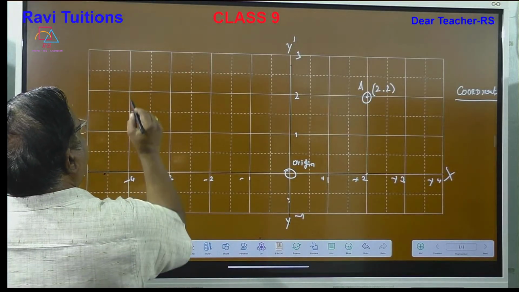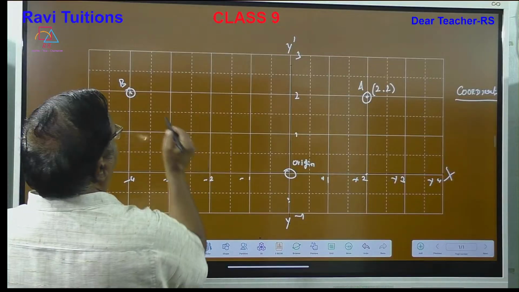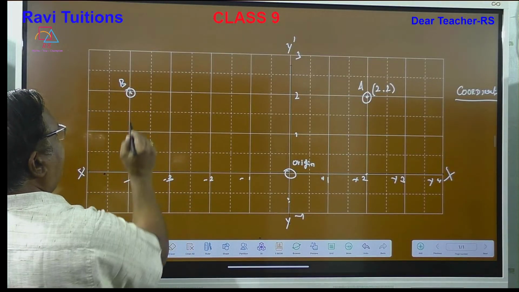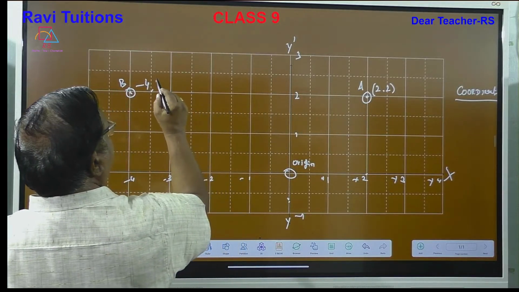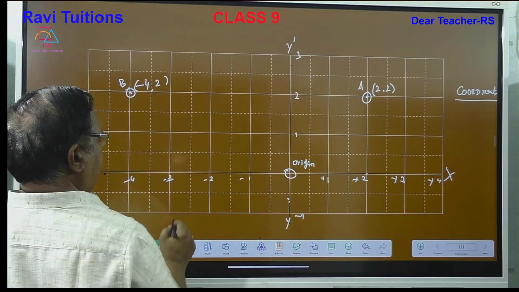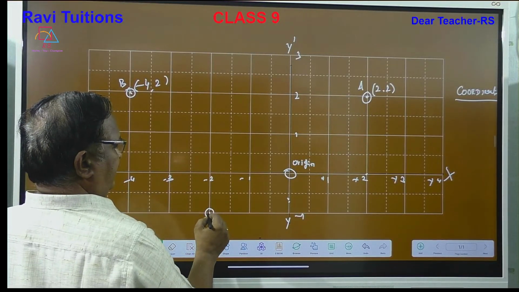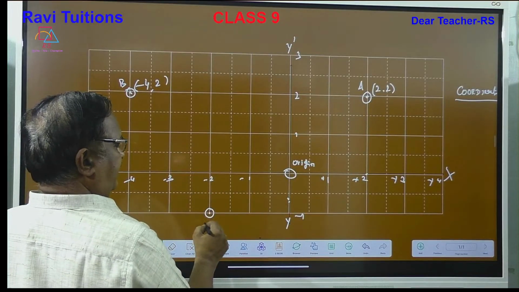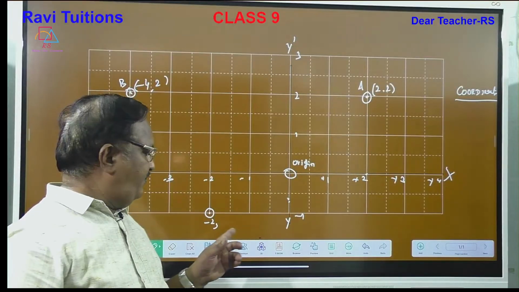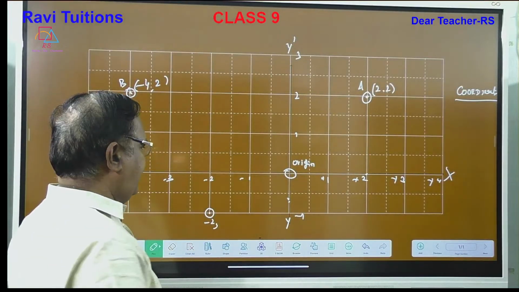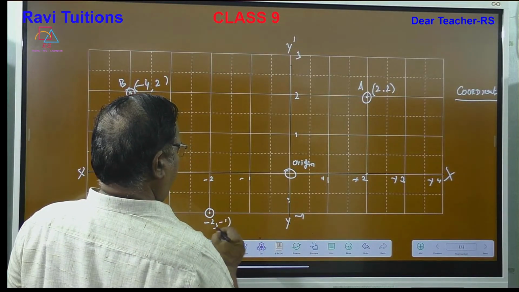If I mark this as a point, let us say this is B. Towards the x-axis it is minus 4 and towards the y-axis it is 2. Suppose I come to this point, going towards the x-axis it is minus 2. You should always write the x-axis number first. That's why we call the first one the x coordinate. And going towards this side, it is minus 1.